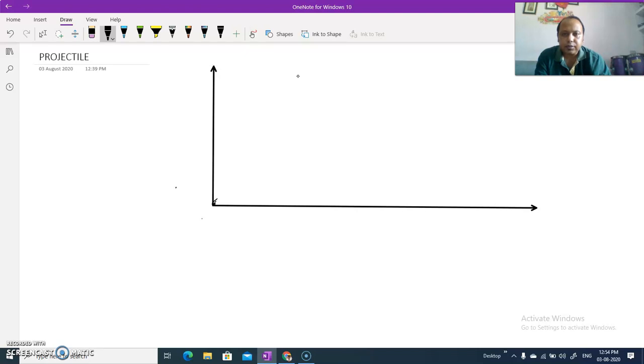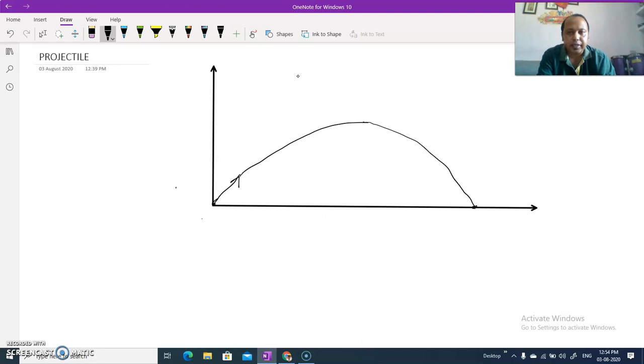It is thrown in this direction with a certain velocity, and it will reach the maximum height, and again it will start coming down and reach the same horizontal level where it started. So this is the path of a projectile.